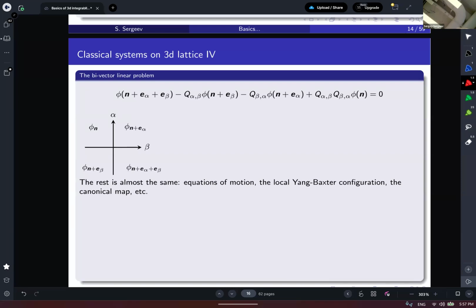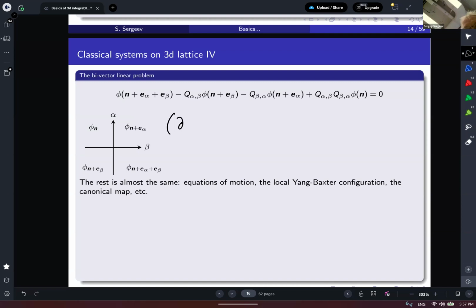So in fact, we have two different Hamiltonian models. And the main difference between them is that before we considered a vector type auxiliary linear problem, but another linear problem is scalar type. So let me remind you how it looked in continuous space-time.